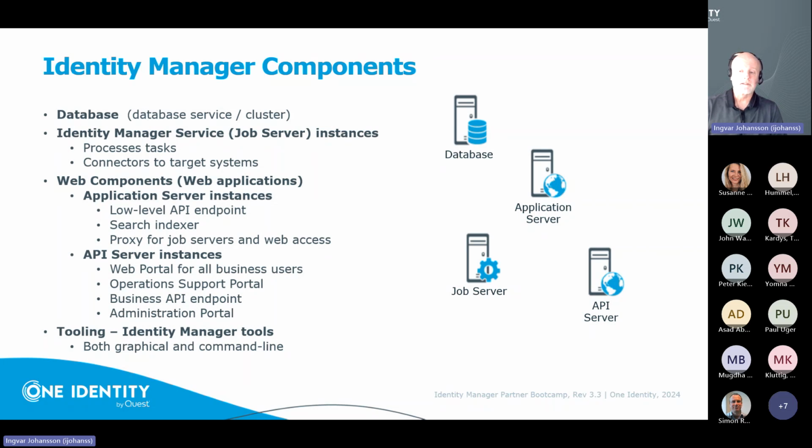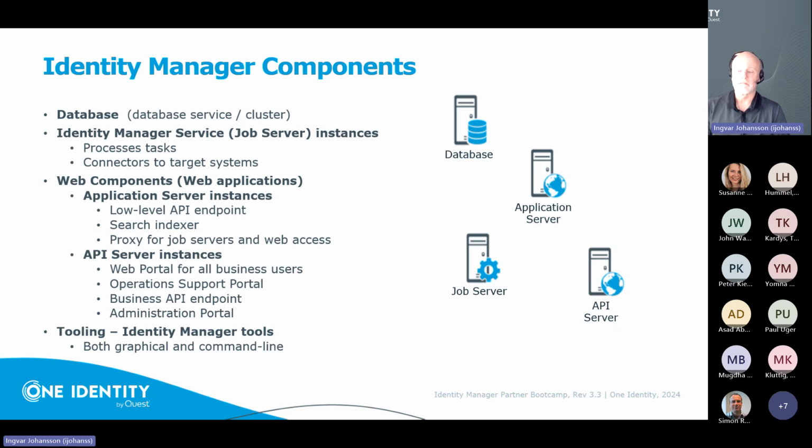And the job server is crucial. You need to have at least one job server. If you don't have any job servers, then you don't have a functional installation. The job server can process tasks, things that need to be executed outside of the database, but it also runs the connectors. And obviously you can have more than one job server.